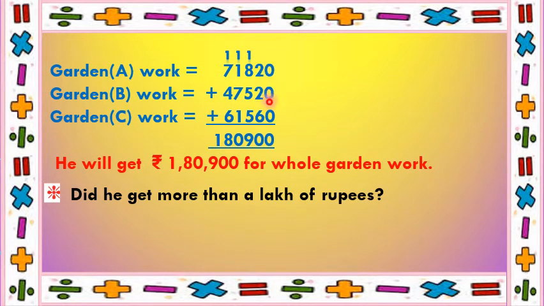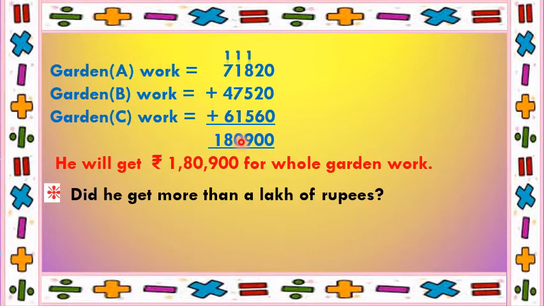So 0 plus 0 plus 0 is 0, 2 plus 2 is 4, 4 plus 6 is 10. Put 0 down, carry 1, 8 plus 1 is 9, 9 plus 5 is 14, 14 plus 5 is 19. So put 9 down, carry 1, 1 plus 1 is 2, 2 plus 7 is 9, 9 plus 1 is 10.